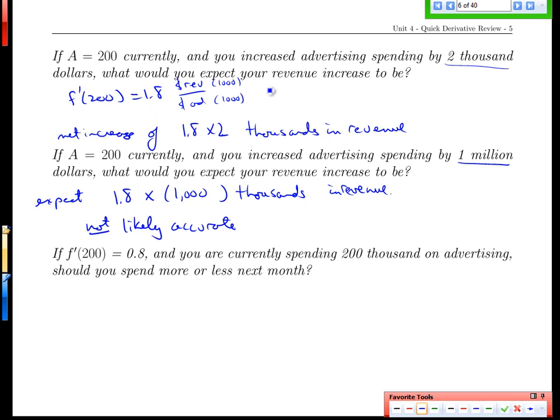If I double my input, I'm going to double my output effect. And once you get into crazy regimes like this of 1 million relative to 200,000, it's probably not true. In the terms of calculus and functions, it's not true or not likely to be true because the scale of the increase in input is very large.